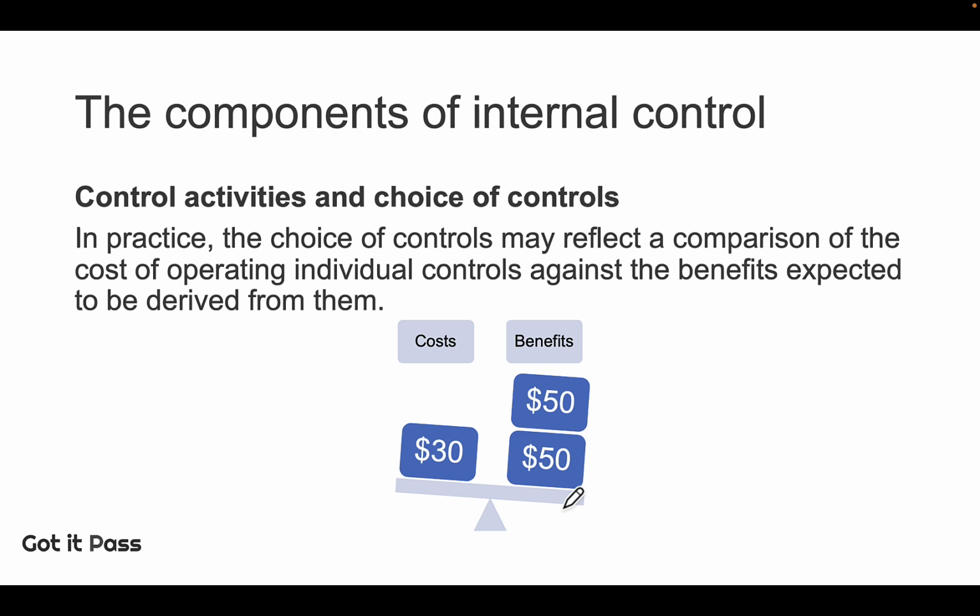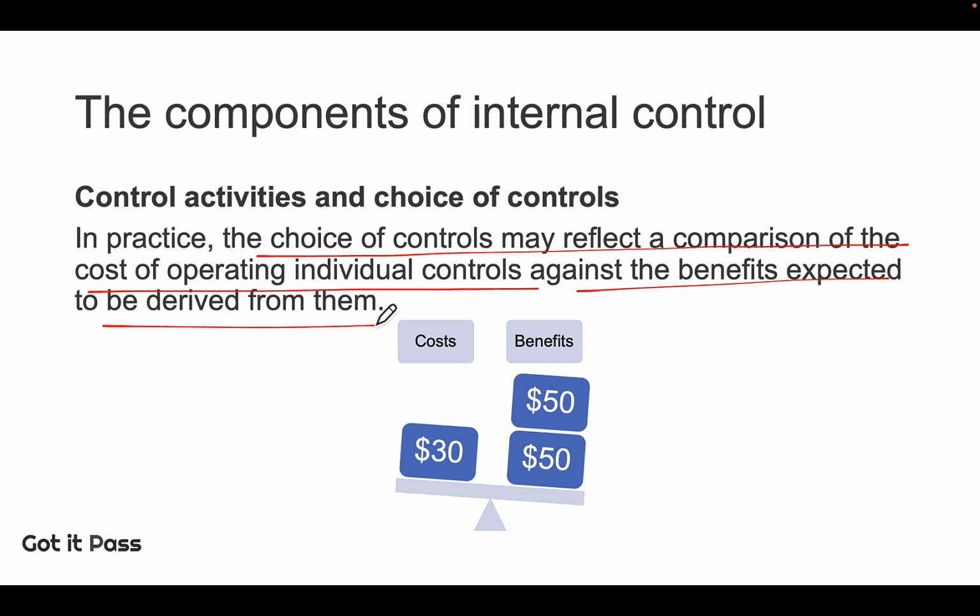After sharing the examples of control activities, now we need to think about what happens in practice, in reality. In practice, the choice of controls may reflect a comparison of the cost of operating individual controls against the benefits expected to be derived from them. So here it is quite straightforward.